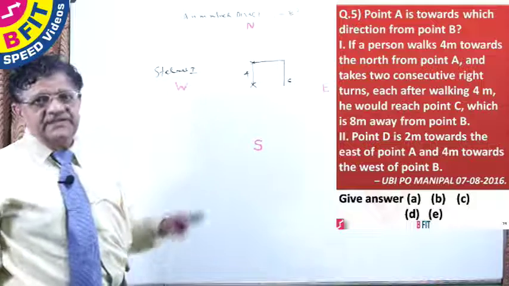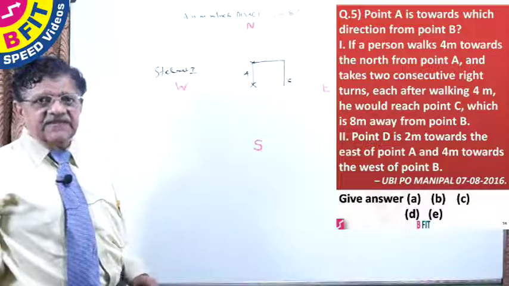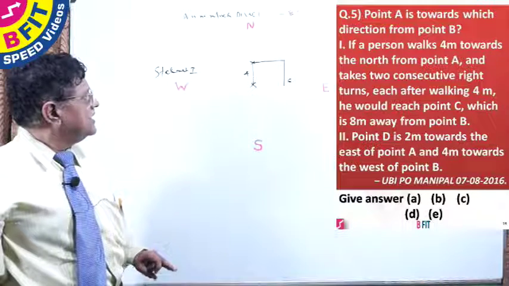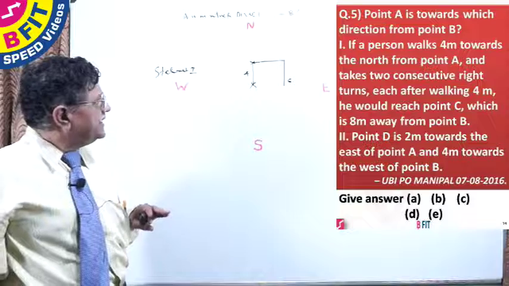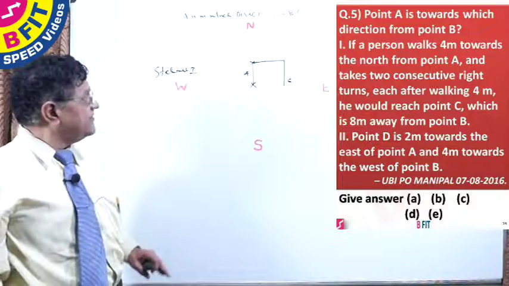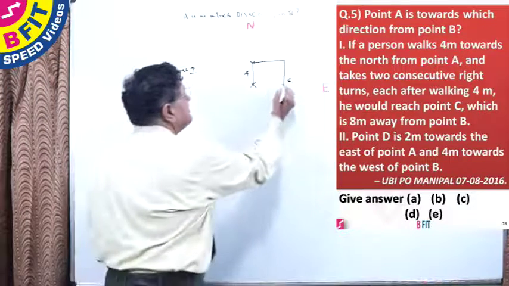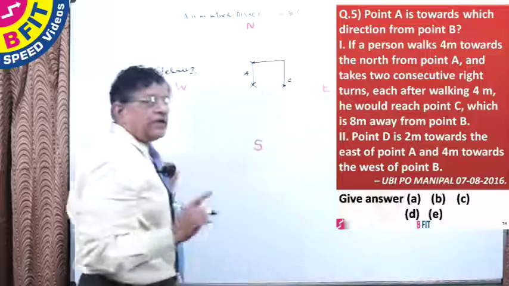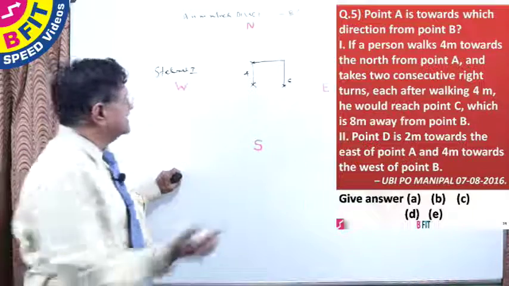We have reached point C, and the instruction given to us is that point B is 8 meters away from point C. Where is point B? This is point C. We only know the distance. We don't know the direction.